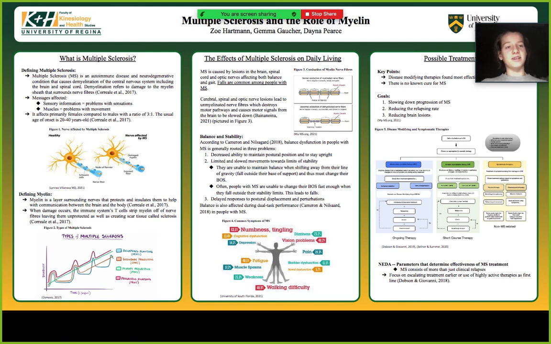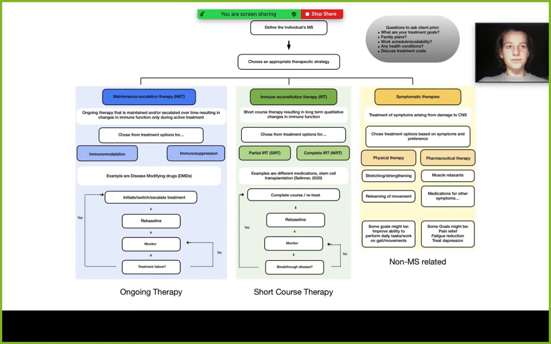So after diagnosis, you want to start as early as possible to slow down the progression of MS, reduce the relapsing rate, as well as reduce the brain lesions that build up in the brain, which you can usually see on MRIs.